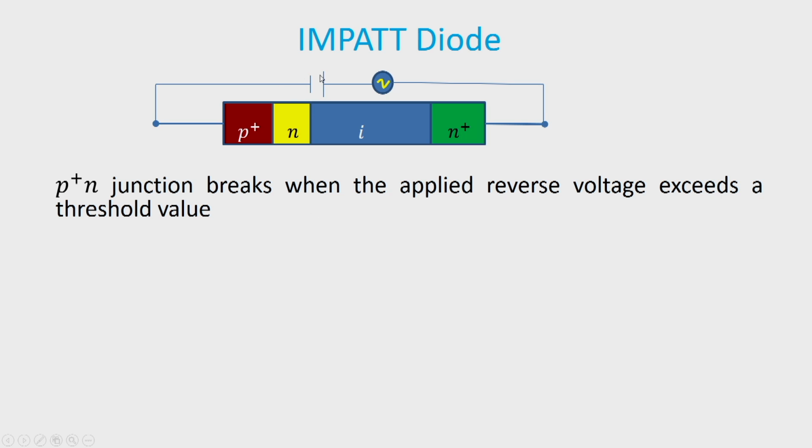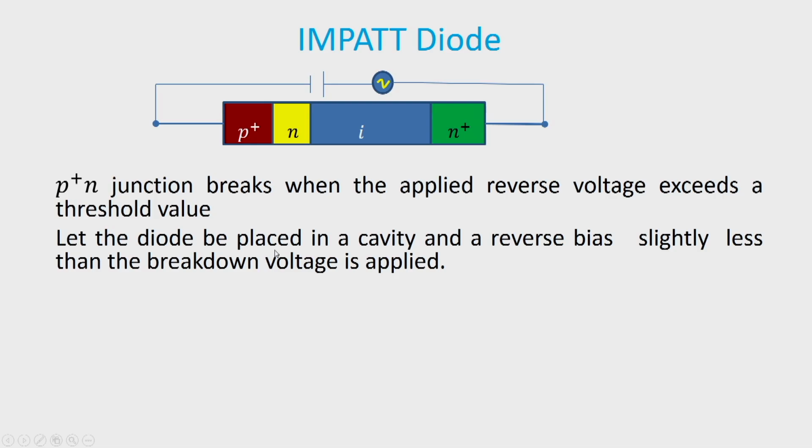So, this DC voltage is chosen in such a way that it is slightly below the threshold, and this AC voltage comes from a cavity where the diode is placed, and the DC reverse bias is slightly less than the breakdown voltage.